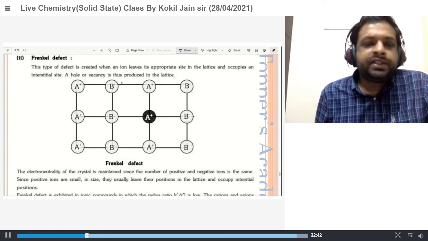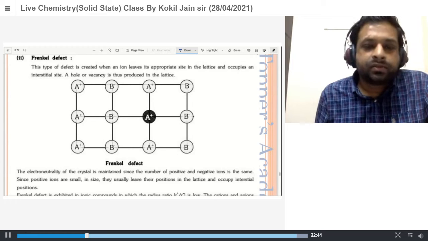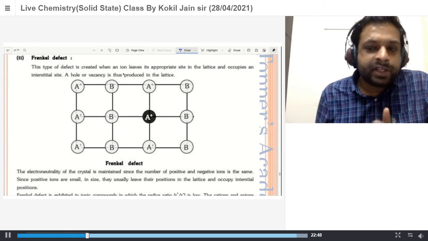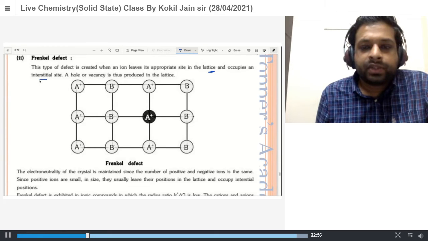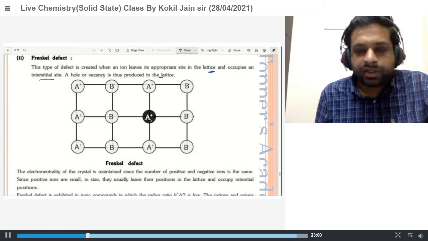So in this type of defect, what happens is when an ion leaves its appropriate site in the lattice, it generally occupies an interstitial site. Now this is not the correct diagram.